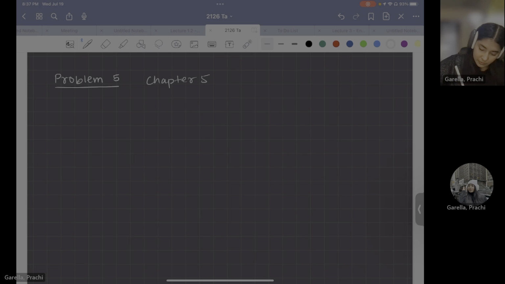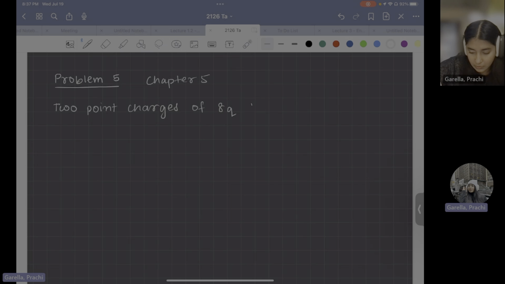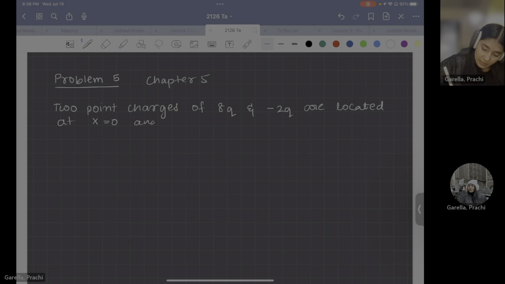So two point charges of charge 8q and minus 2q are located at x equals 0 and x equals L, respectively.